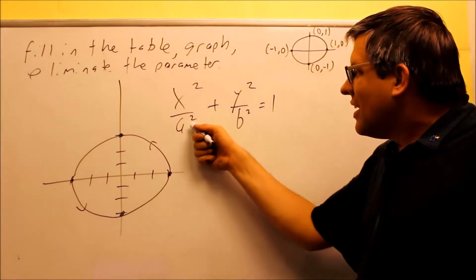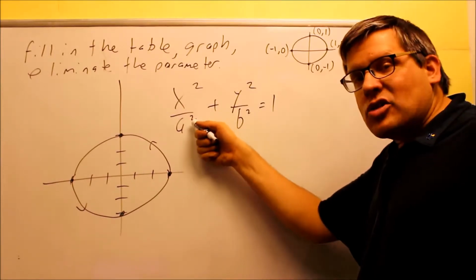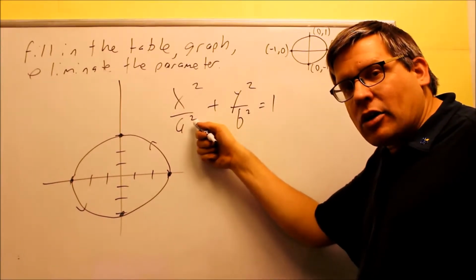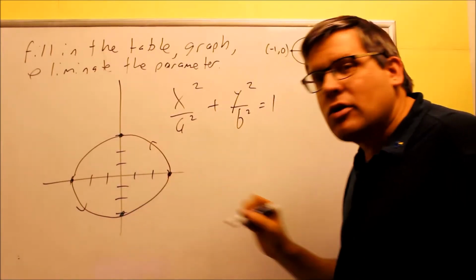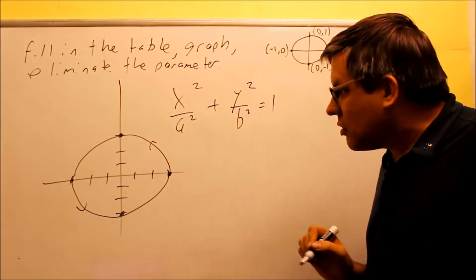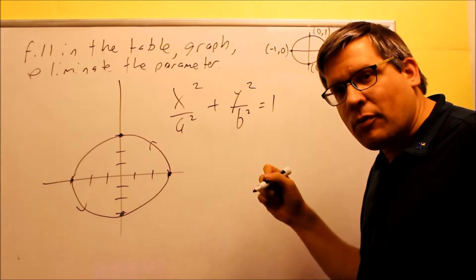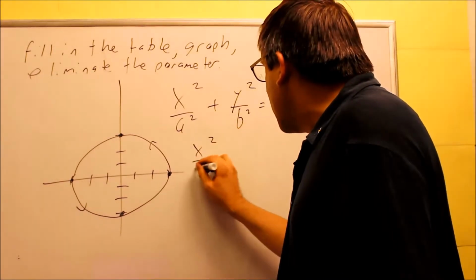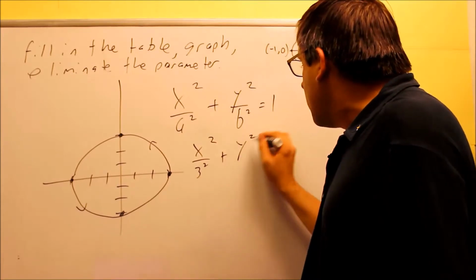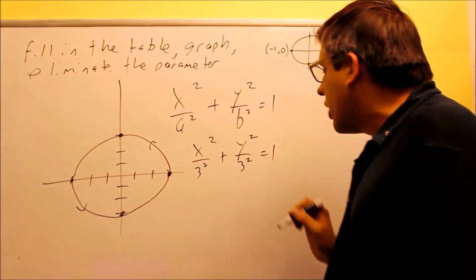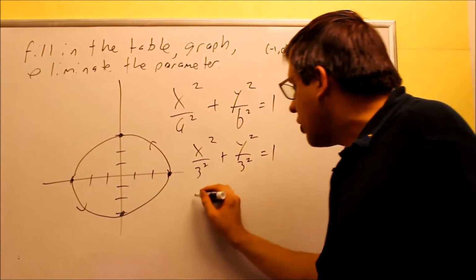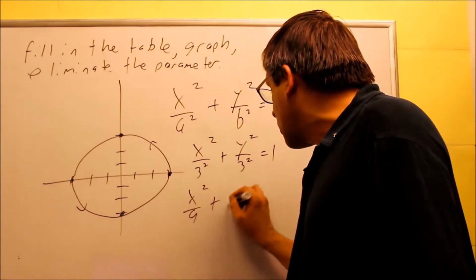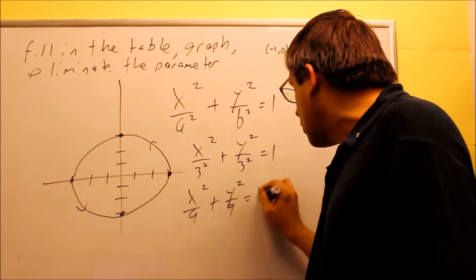So if you use a squared here or b squared here, it doesn't actually really matter, because the a and the b values are exactly the same in this case. So a circle is a type of ellipse, just that a and b are exactly the same. So either way you write that, you're going to get this, and you get y squared over 3 squared equals 1 there. And you get x squared over 9 plus y squared over 9 equals 1.